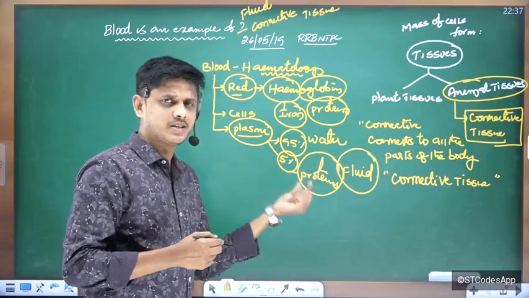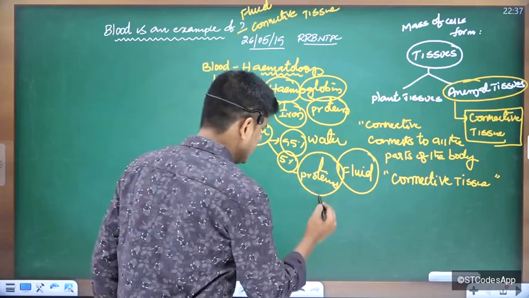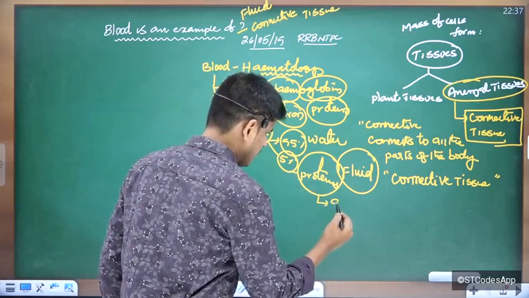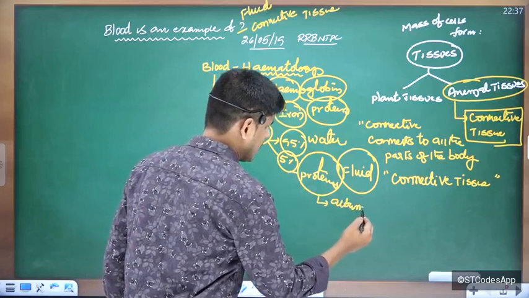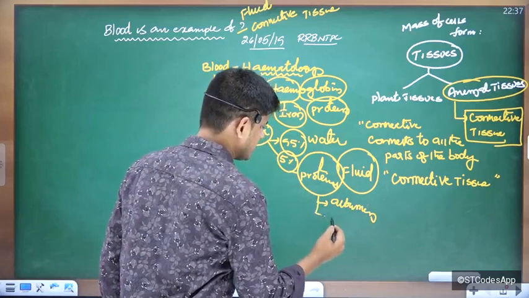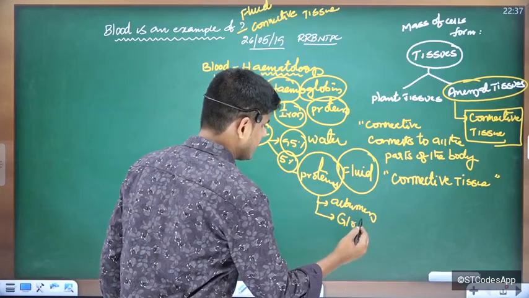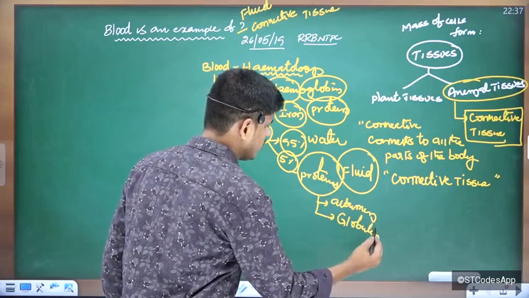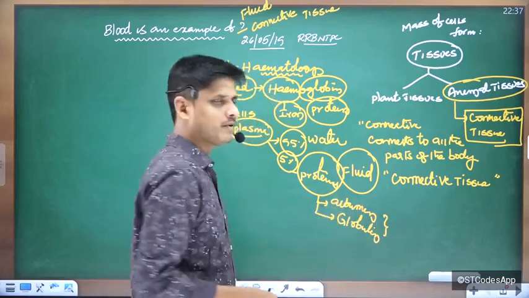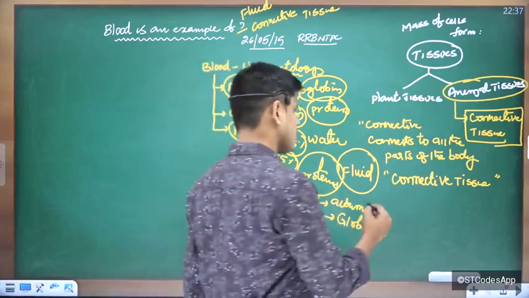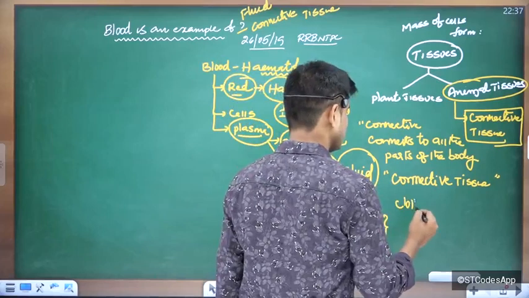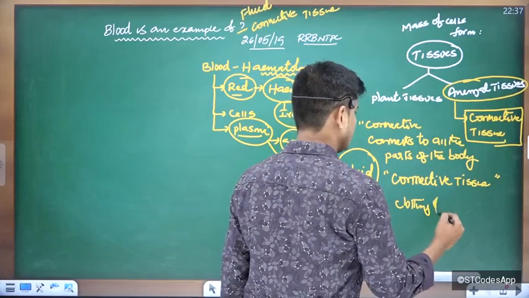The proteins present in the plasma are serum albumin, and another type of protein is globulin. These two types of proteins help in the clotting of the blood.